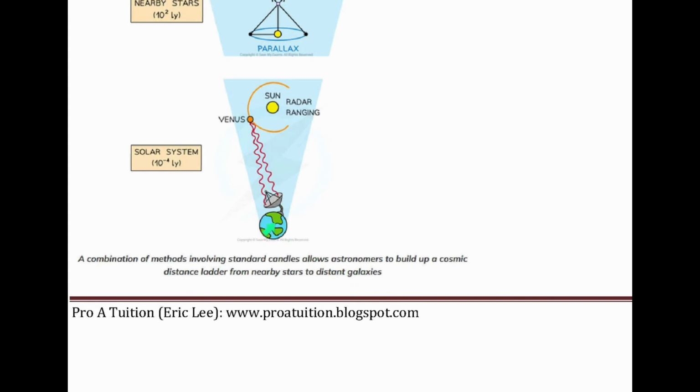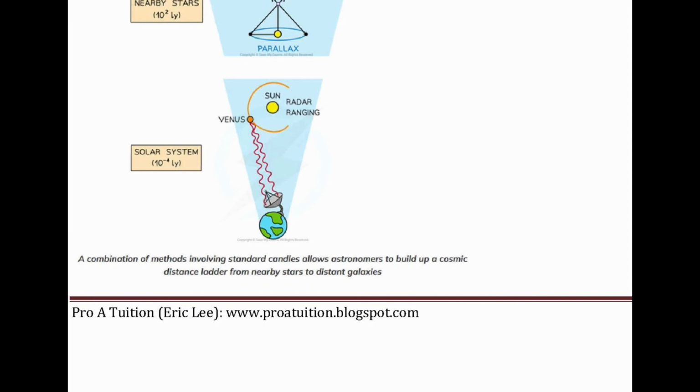So first of all, you can see the Earth. They put a radar. Then they use the radar to emit electromagnetic radiation, reach Venus, and then come back. So this is like radar ranging.